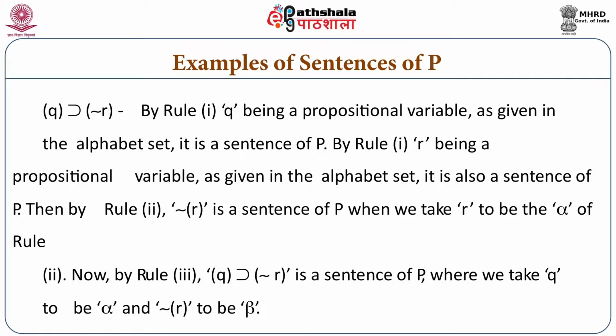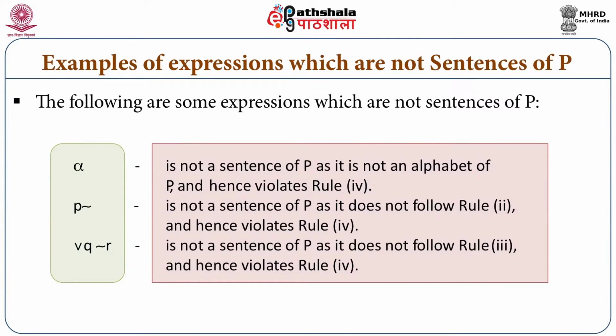We can also consider some sentences, or what looks like sentences to us, but which are not actually part of our language. The language that we are constructing can be termed as language P. Now given alpha, is this a sentence in our system? We say it is not.